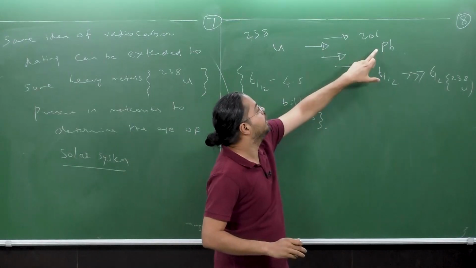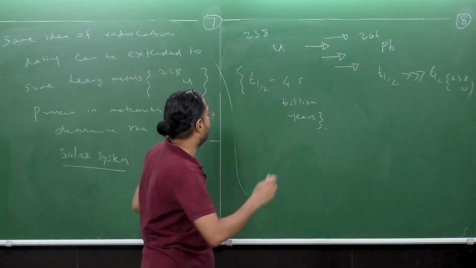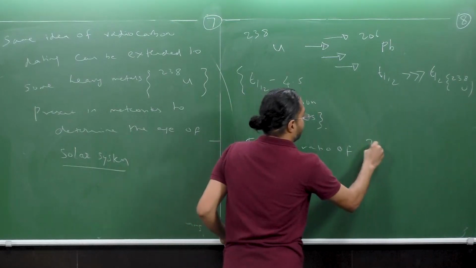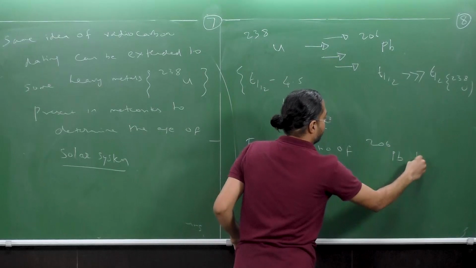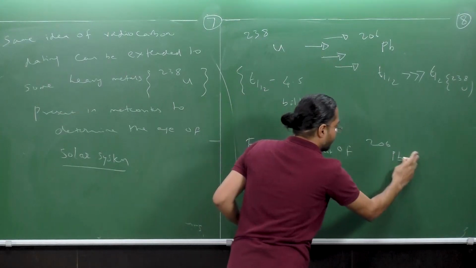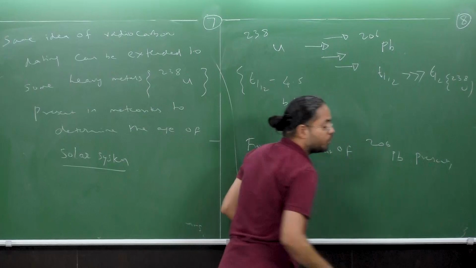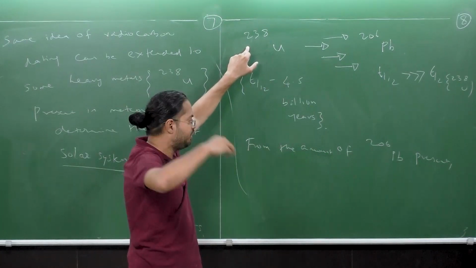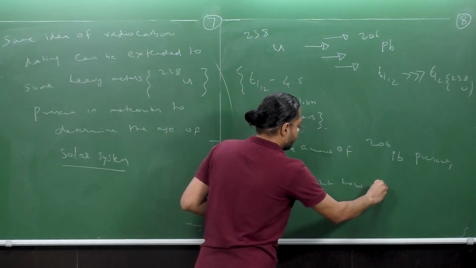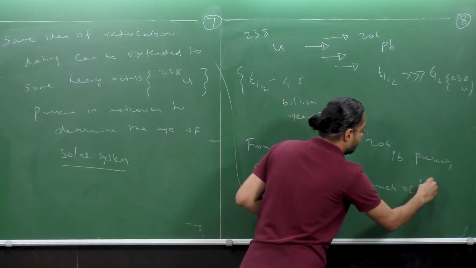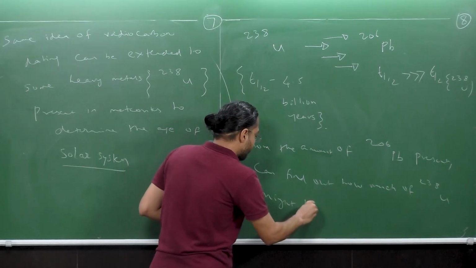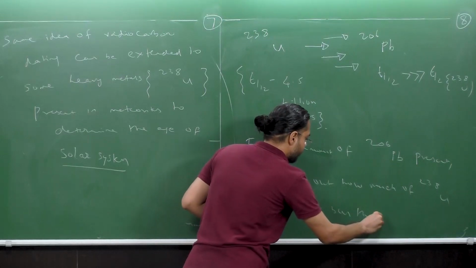So from the amount of 206 lead present in a meteorite, you can determine how much of 238 uranium might have been there in the beginning.